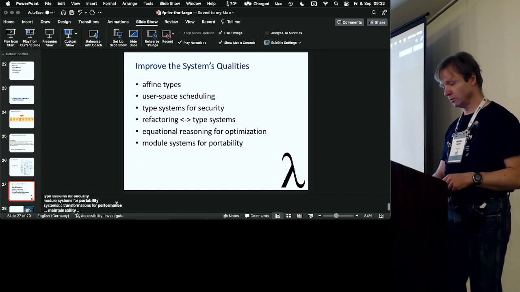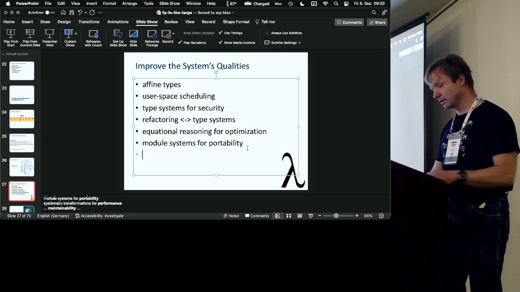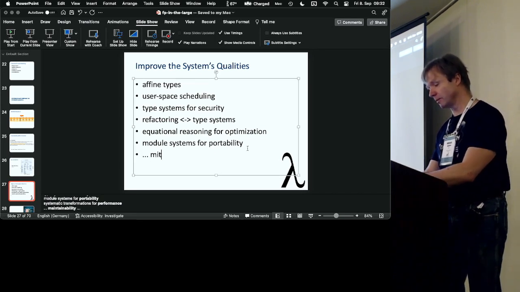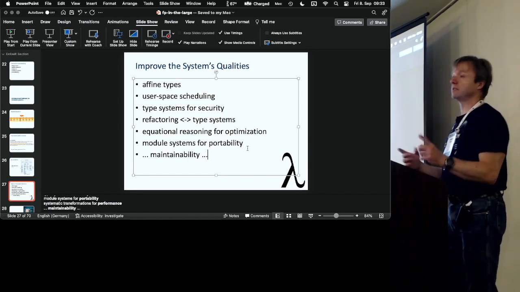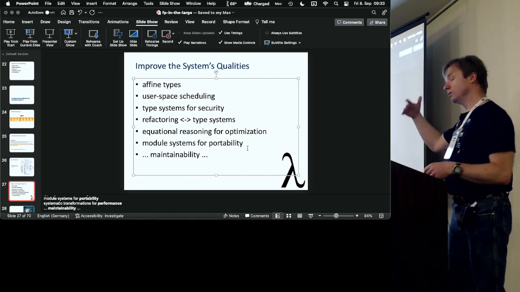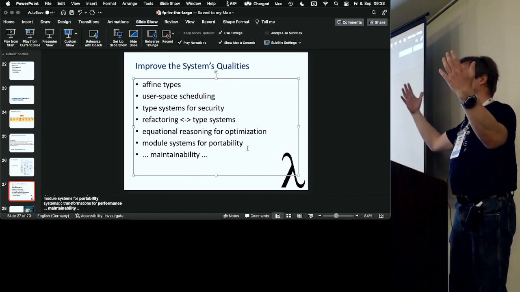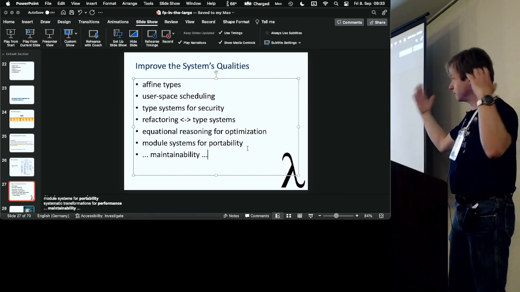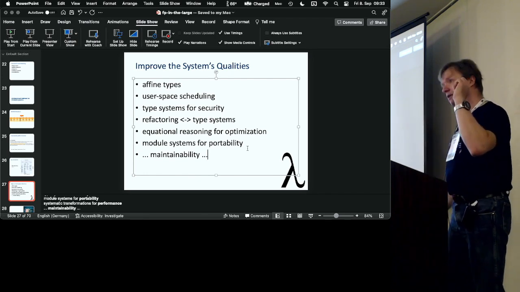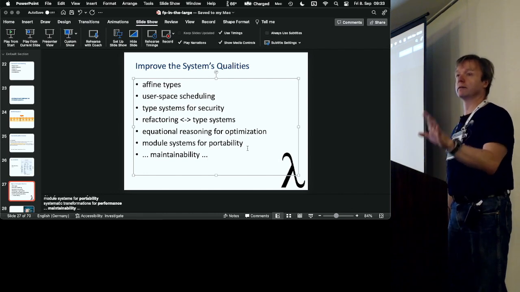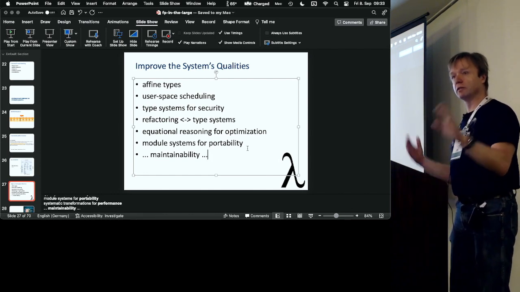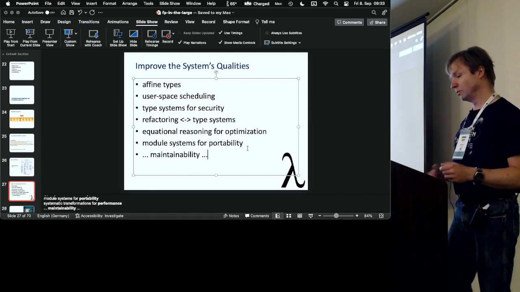And let's see, what else do I have? Generally we have things, I'm just going to put a couple of dots here. I think even we underestimate, at the beginning I said maintainability is closely correlated with coupling, right? And I think even this community underestimates what effect purity has on coupling, and what the big difference is with the software architecture community at large.